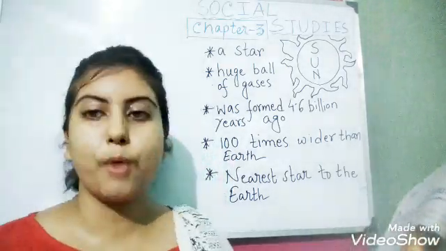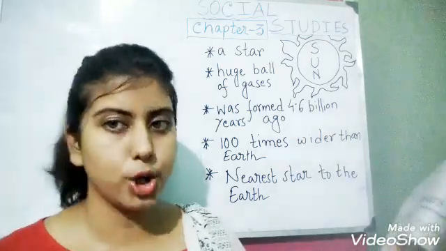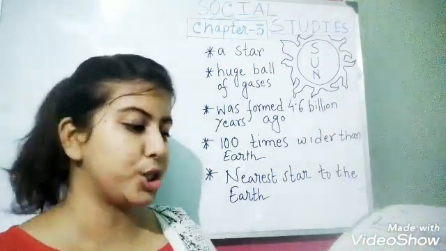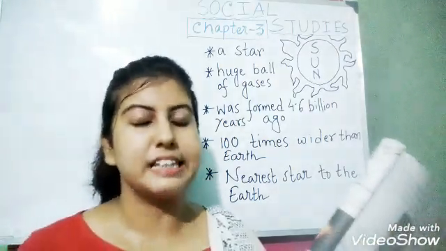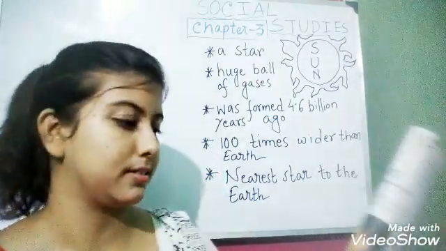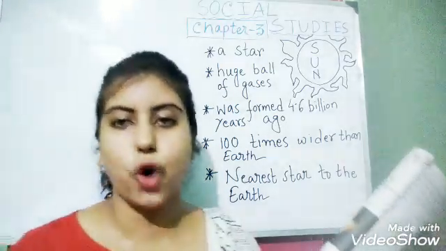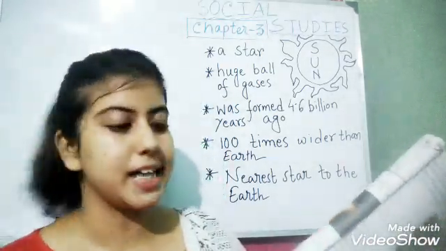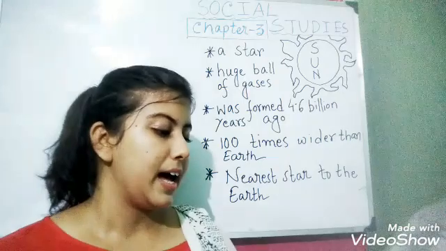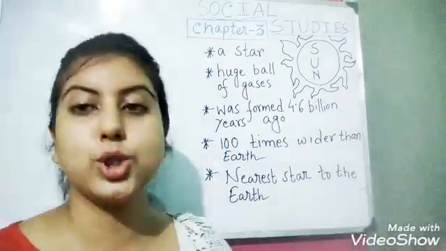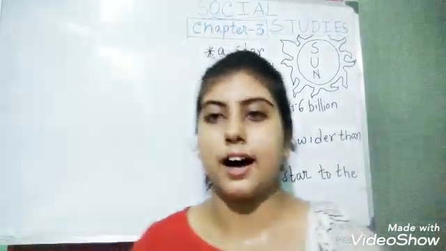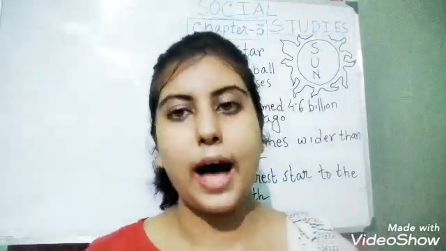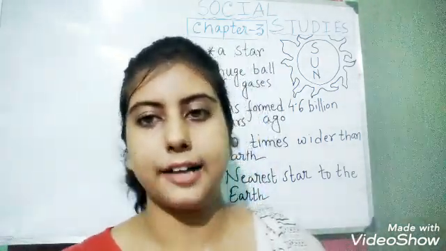It is an important source of energy. The energy obtained from the Sun is called solar energy. It can be used for cooking, to light up streets at night, and to run cars. So, these are some facts why the Sun is so important for us.